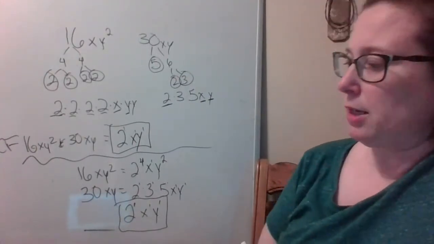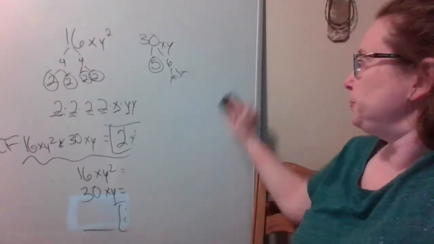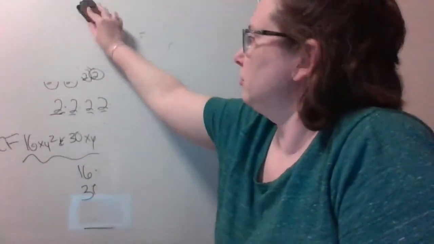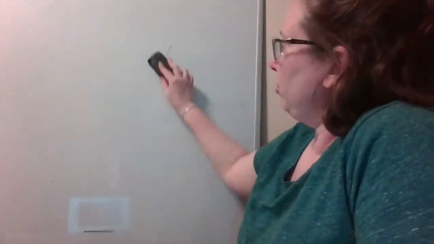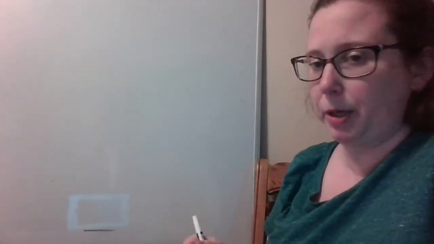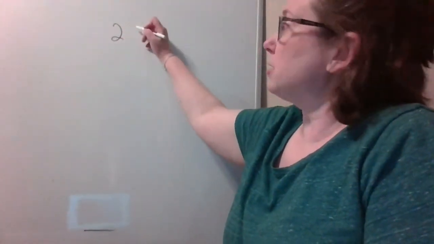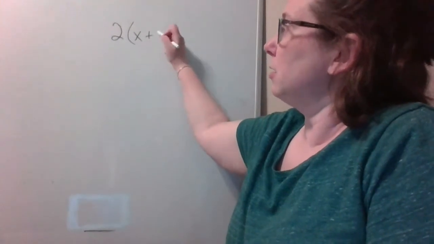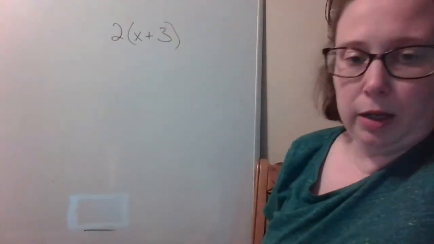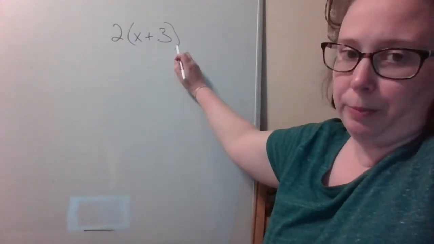The final example in the section is example 5. And for example 5, I need you to remember back to when we did the distributive property. So when we did the distributive property, we had things like this: 2, and then in parentheses, which means times, x plus 3.